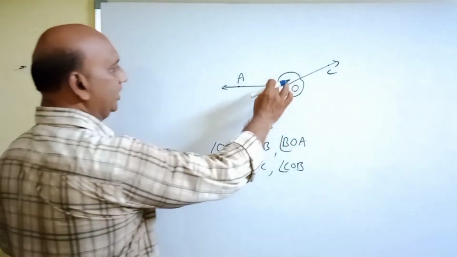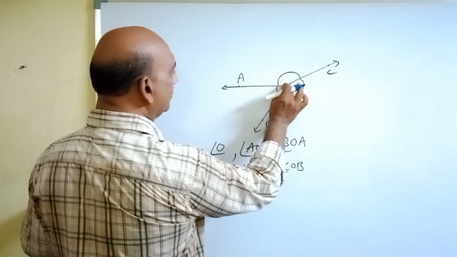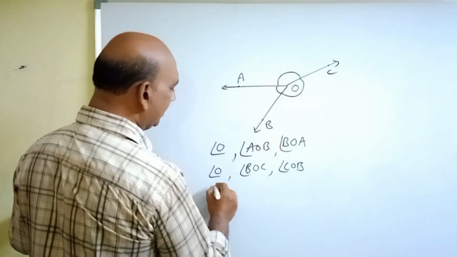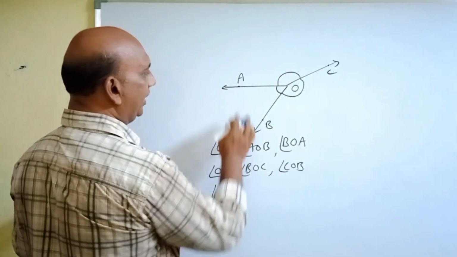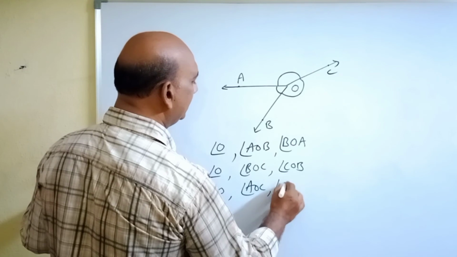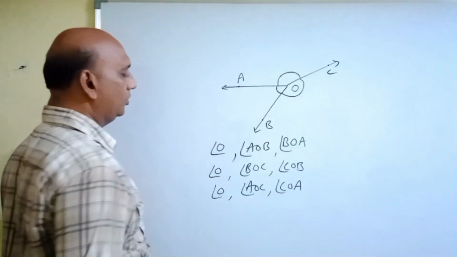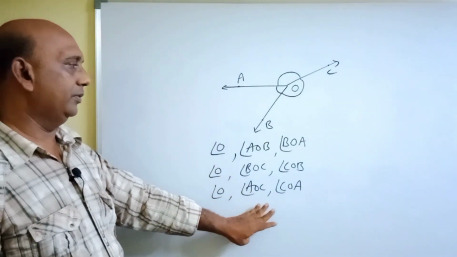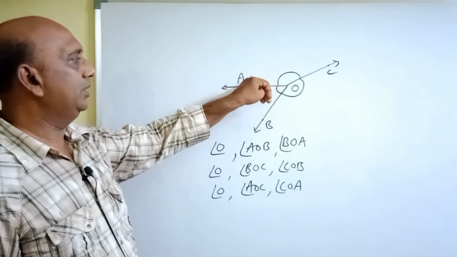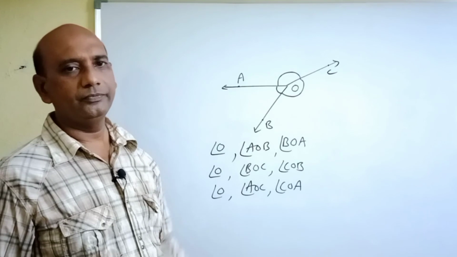Next, the angle between these two rays, OA and OC, can be indicated as simply angle O, and then angle AOC, and then angle COA. So these are the three ways in which the angle between OA and OC can be indicated.